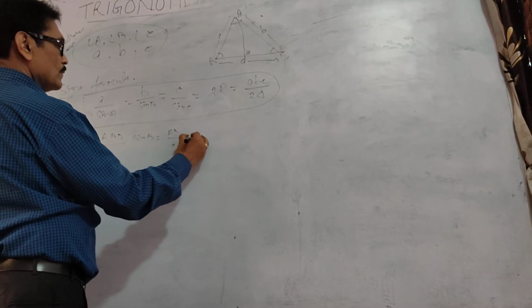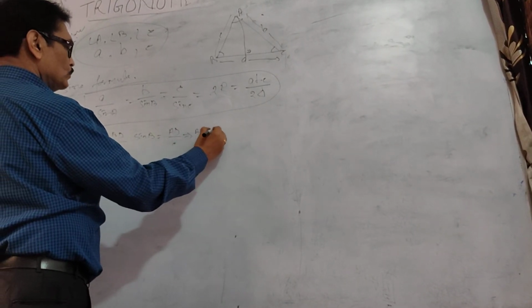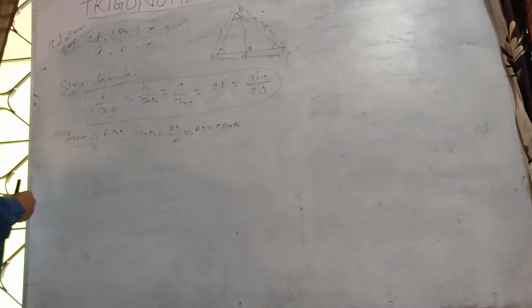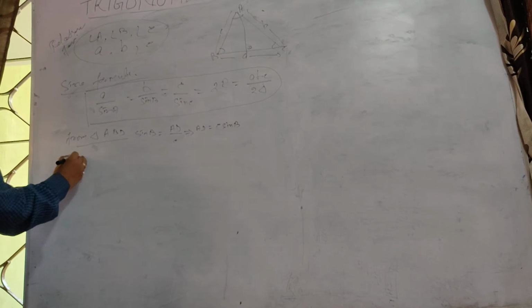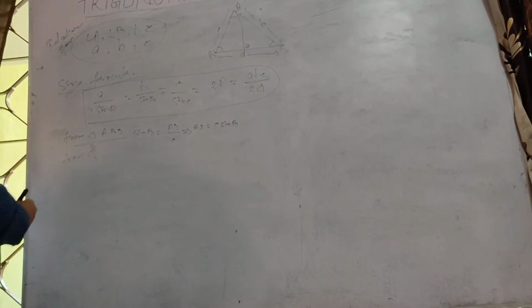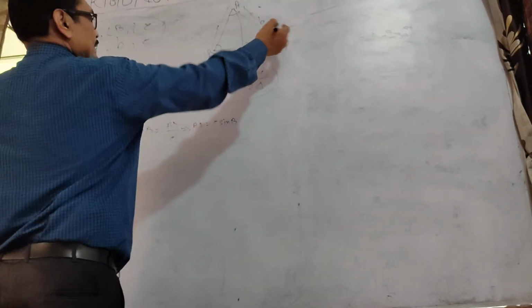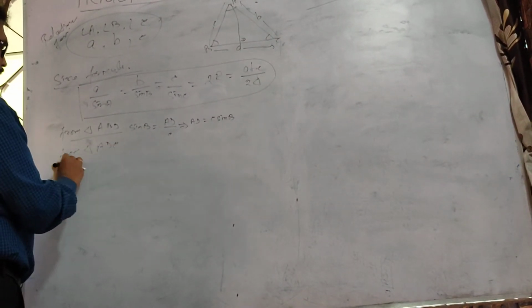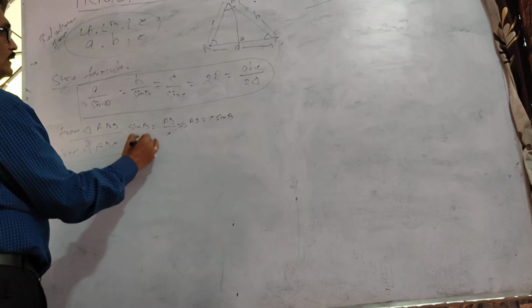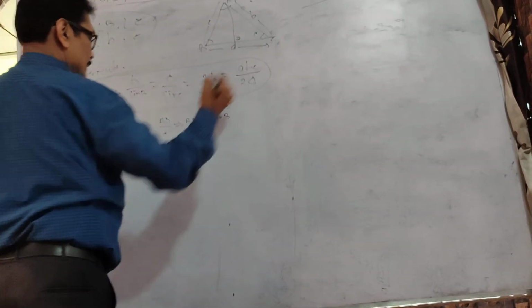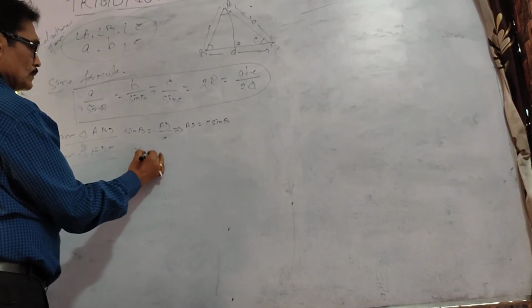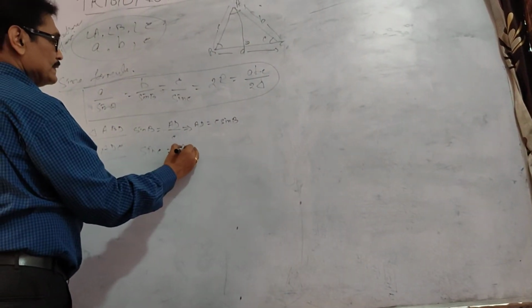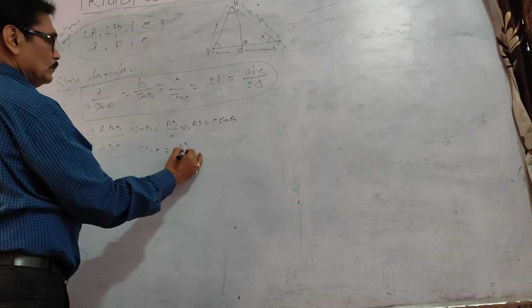This implies AD equals c sin B. Also, from triangle ADC, sin C equals perpendicular upon hypotenuse, that is AD upon b.